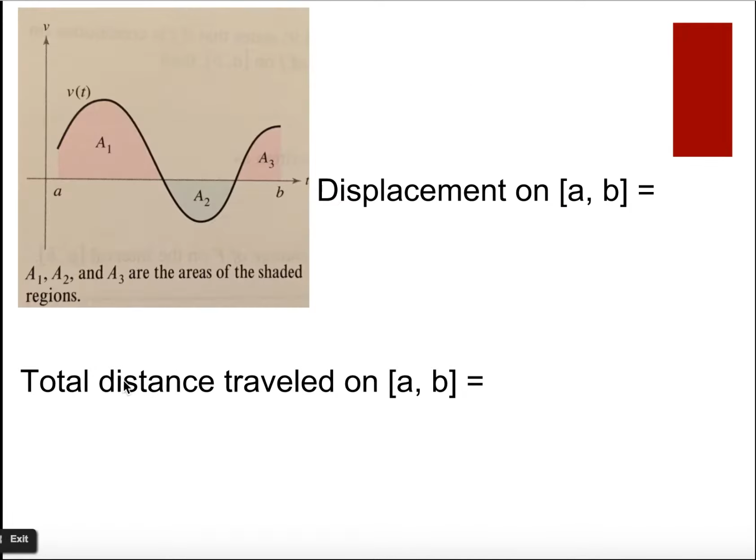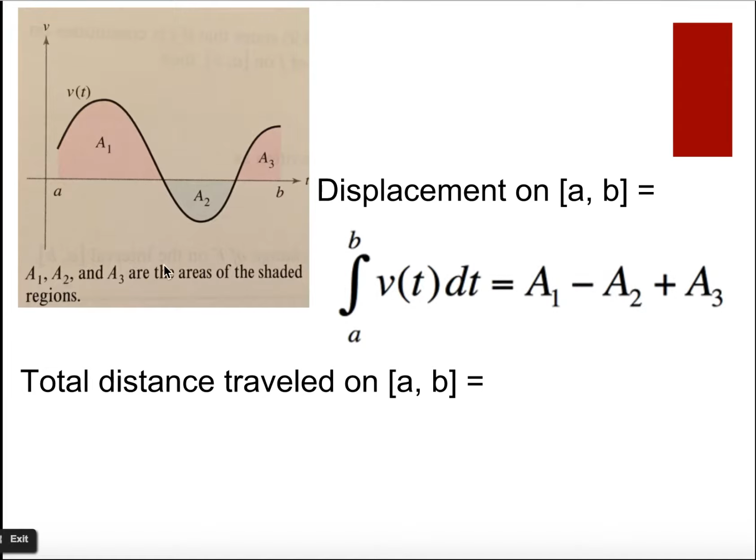So here's a graphical example. If we have a graph of velocity where some of the velocity is positive, some of it is negative, the displacement from time A to time B is just going to be the area of the pink A sub 1, and then we're going to subtract the area A sub 2, and then we'll add A sub 3.